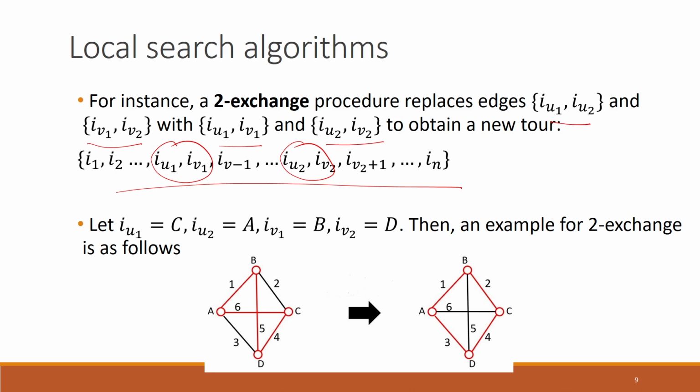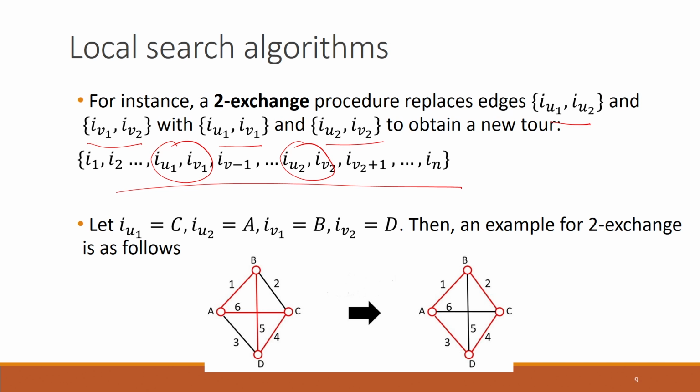Let us take a look at this through an example. Suppose we have this graph on the left, and we currently have a tour going from A to B, then B to D, then D to C, then C to A. Suppose we want to do a two exchange procedure here.